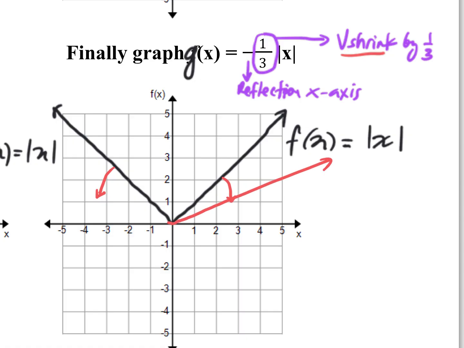It's going to be wider than the original or parent function. This is the effect when a is less than 1. It becomes wider and wider, and it's always towards the x-axis. So this is what you call the vertical shrink.